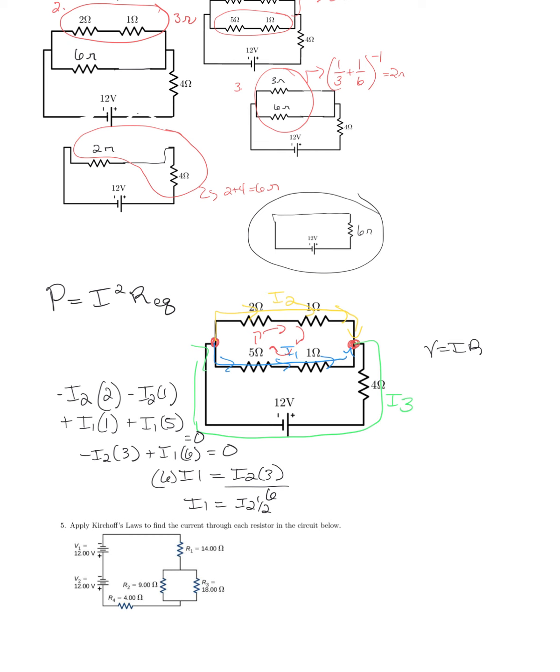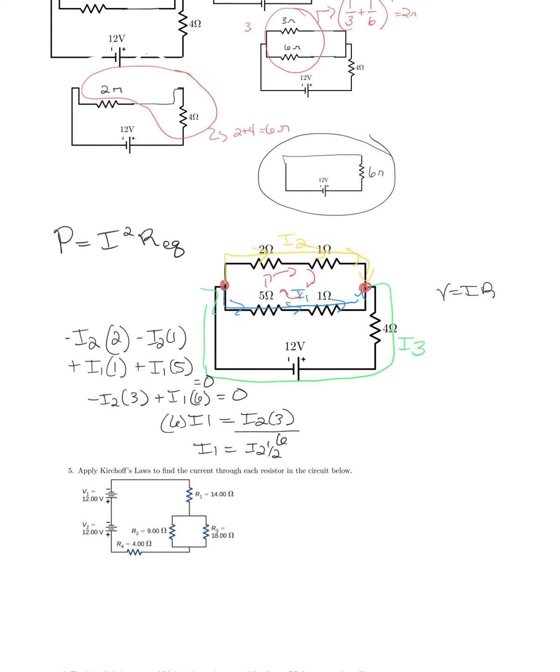And we know that the total current flowing through this is going to be equal to the EMF divided by our total resistance. That's 12 volts divided by what we just found, which was 6 ohms. So our total current is 2 amps. We also know from our picture that the sum of the currents entering the junction must equal the sum of the currents exiting the junction.